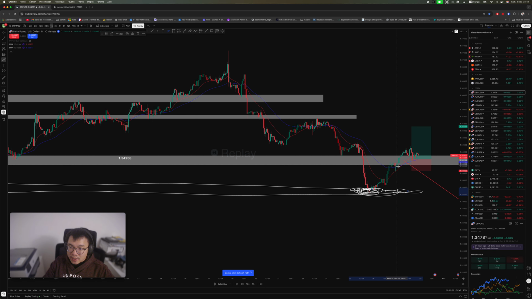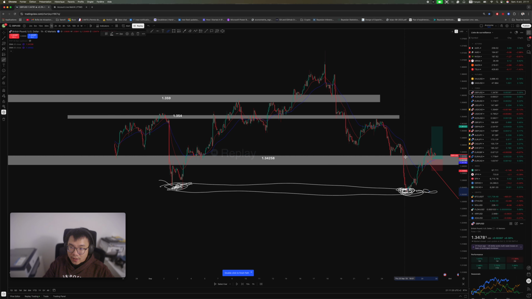Then after seeing price not respecting this level and continuing to go up, I understood that the bullish momentum was still there. The bearish momentum, the sellers, were losing control and losing steam here.